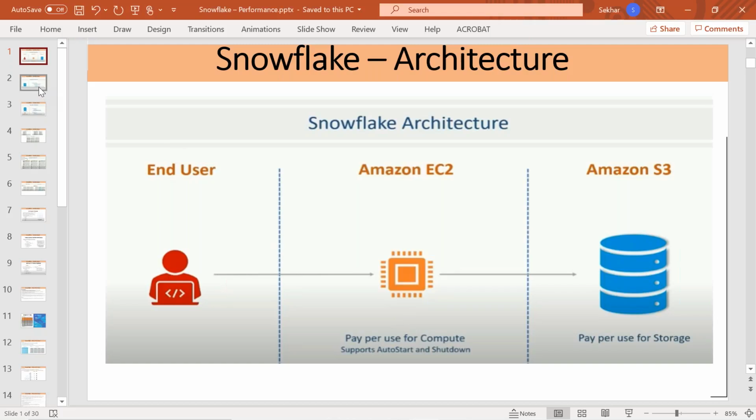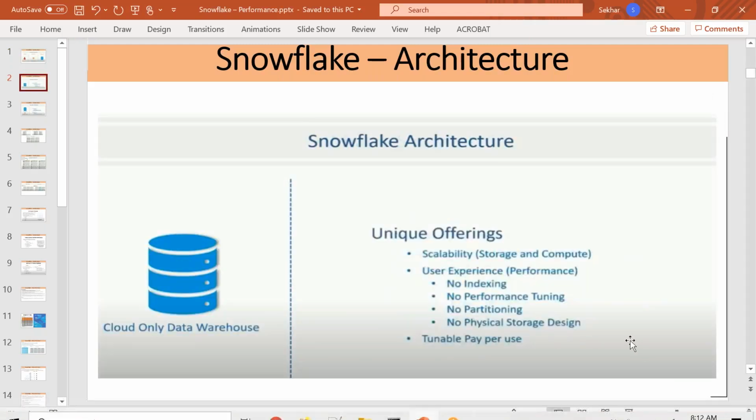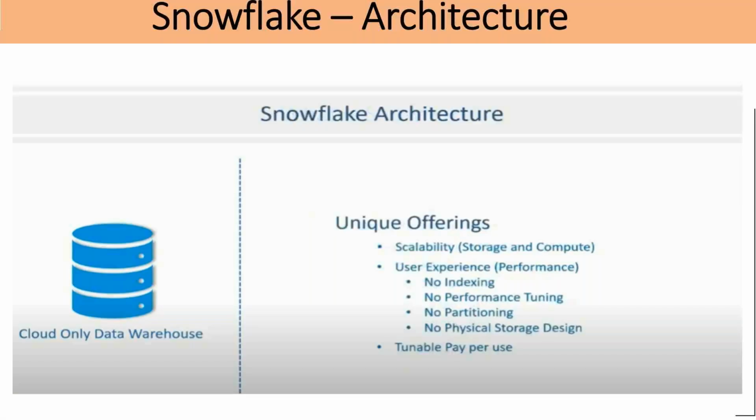Okay, so if you look at this, what are the unique offerings of cloud data storage or the S3 buckets or the cloud storage? Scalability, storage, and compute. The important point is that maintenance is completely gone. You don't need to work on the maintenance part of it. No indexing, no performance tuning, no partitioning, no physical storage design, tunable pay per use.